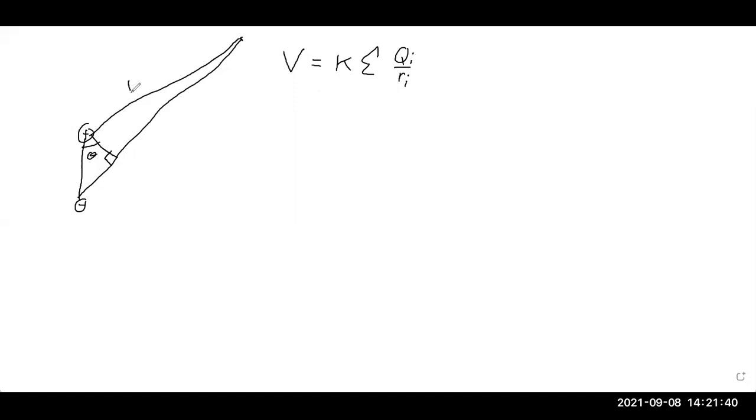So we have R1 and our larger R2. So looking at our positive charge, we can just call that R, and this will be delta R, this bit here.